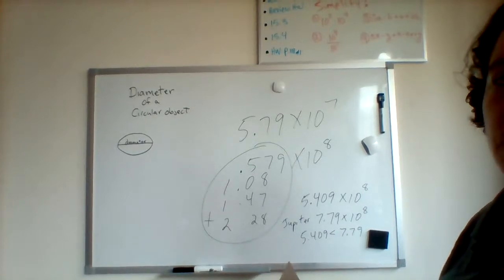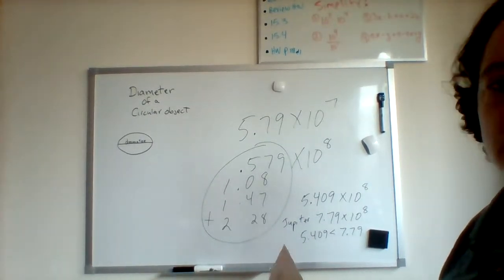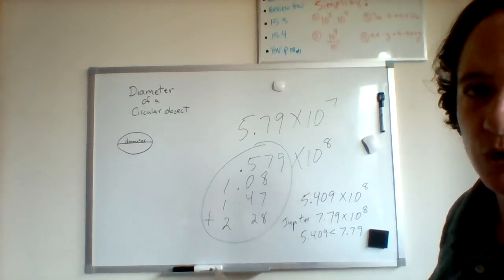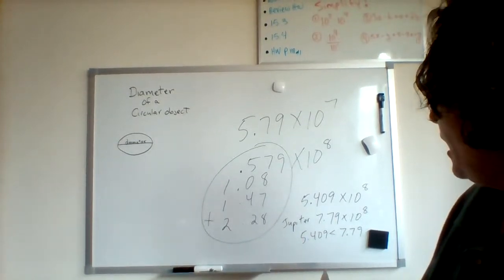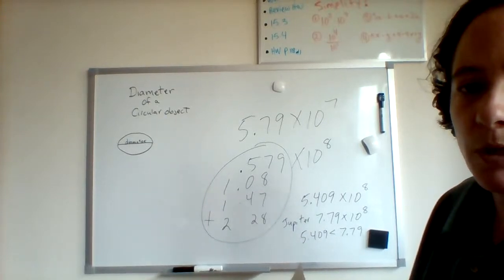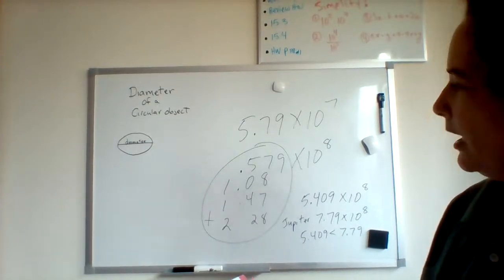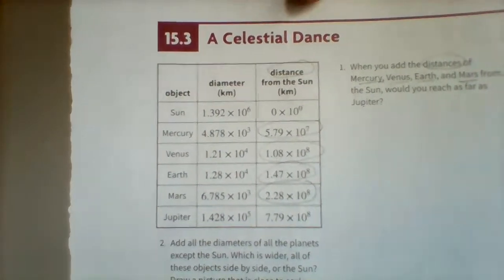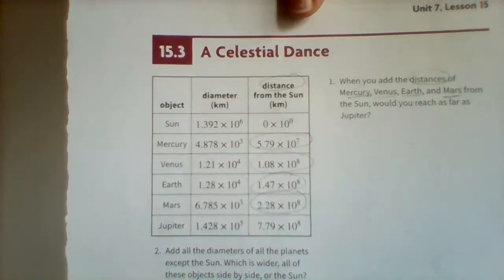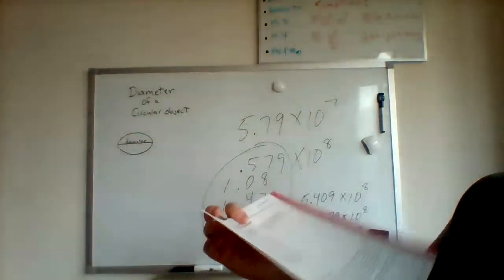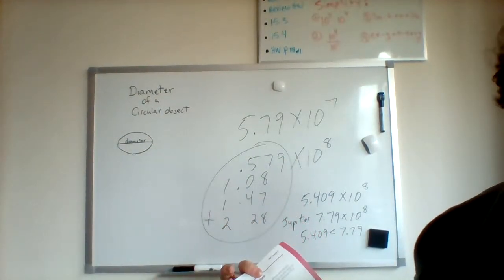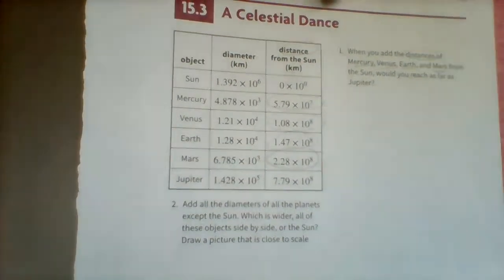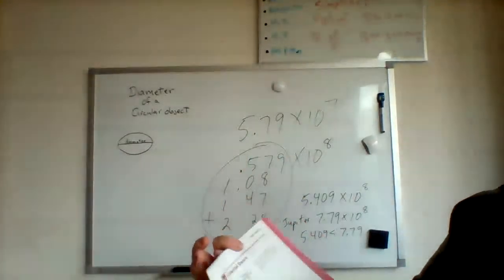Just to recap Harmony real quick, because then I'm gonna move on to number 2. And if you still don't understand, maybe just watch the stream again so that you can follow along from the beginning. And then you can still ask me questions, and I'm here to help either way. So for number 1, I circled everything that we had to add for number 1. But the problem was that Mercury is to the power of 7. It's not to the power of 8. If you look on the list, Jupiter and all the other ones were to the power of 8, but not Mercury.